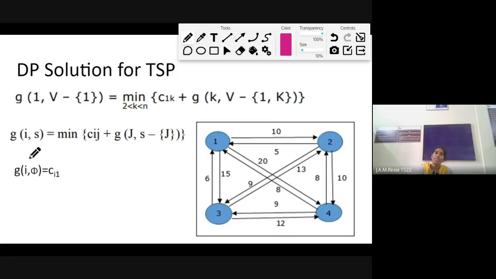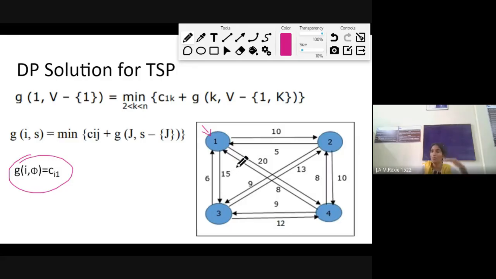That is given here as G of i comma null. If that is the case, then I will not be visiting any clinic, and that will be the cost of 0. And how we are going to apply the dynamic programming solution is, if I'm not having any intermediate vertex, here we are going to take the objective as: I need to start from vertex 1, visit through the other vertices, and again reach back to 1.